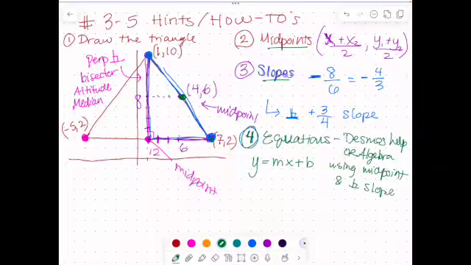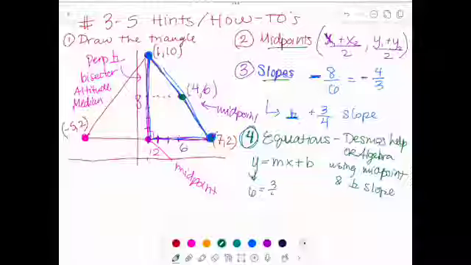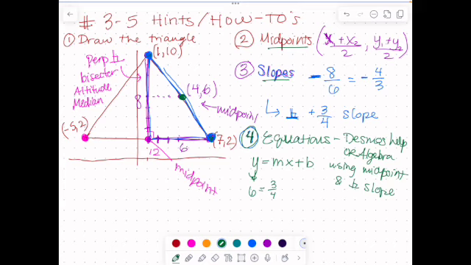So we're going to have the y was 6, the m was 3/4, the x, right, because that was our slope from up above, 3/4, and then our midpoint was the 6, came from the midpoint, and now the 4 is coming from the midpoint, and we need to solve for b.